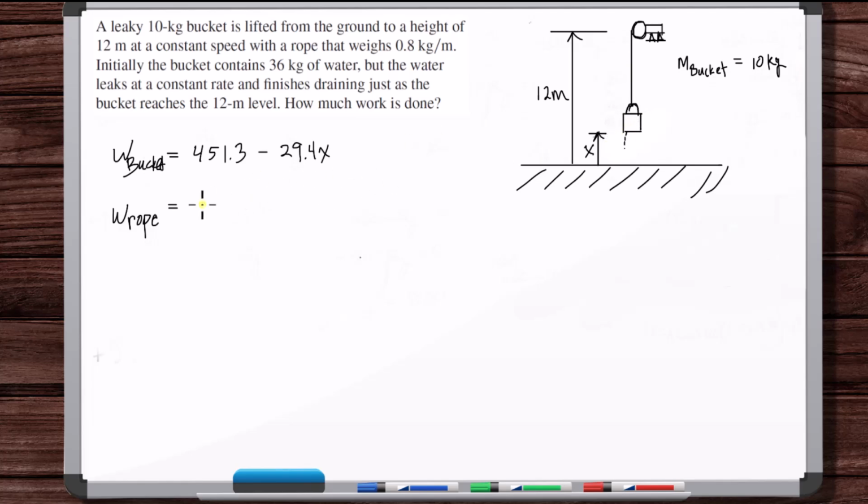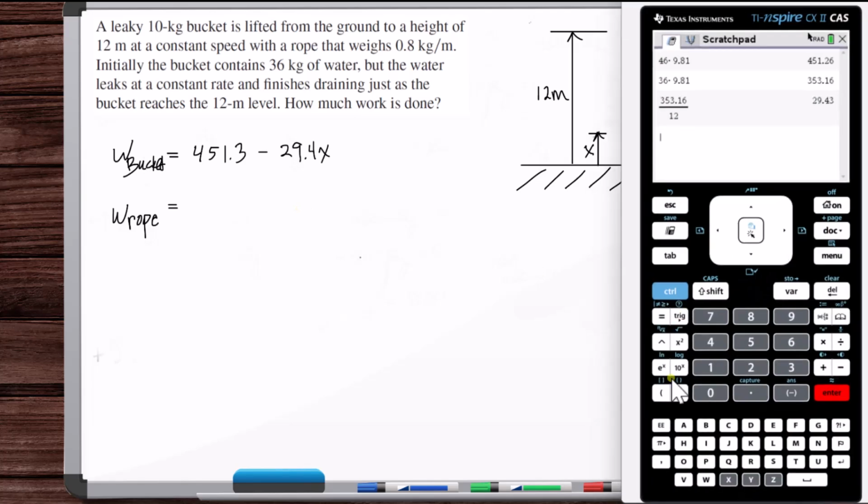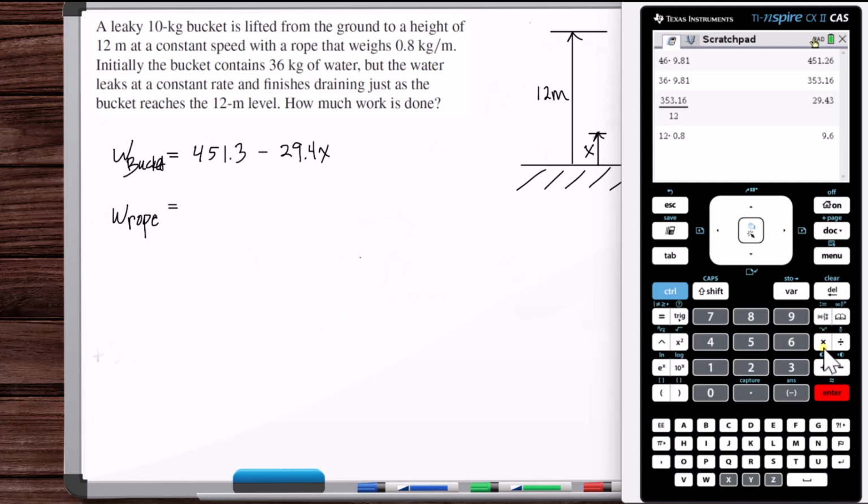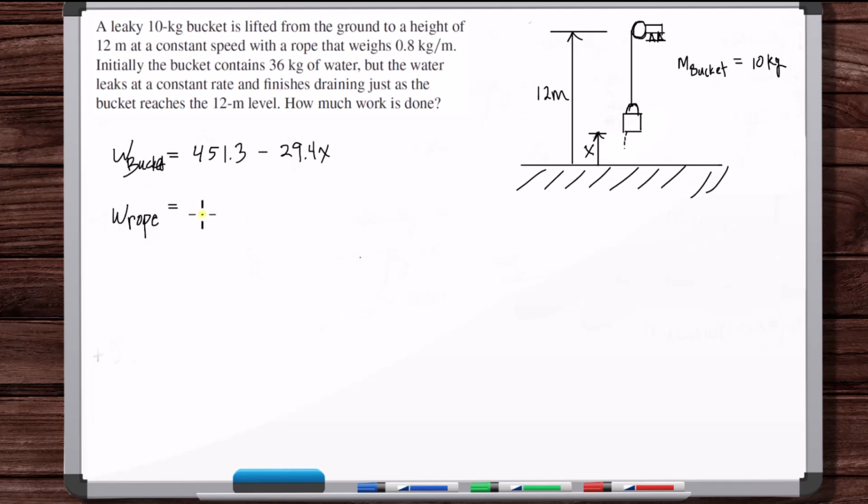So 12 meters of rope at 0.8 kilograms per meter is 9.6 kilograms, and then we multiply that times 9.81, which is 94.2. So we start out at 94.2 when x is equal to 0.